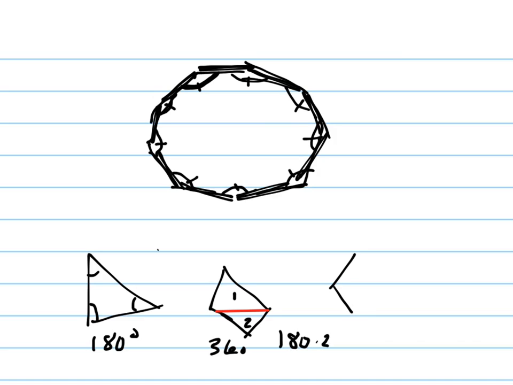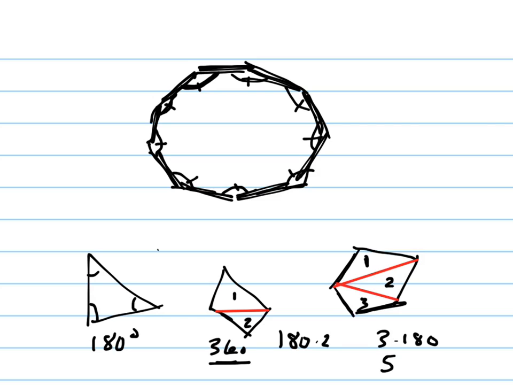If I have a pentagon, doesn't have to be a regular pentagon, and I start from one vertex and break it into triangles from that same vertex, how many triangles do I have? 1, 2, 3. So it's 3 times 180, which equals what? Just add another 180 to this. 540.